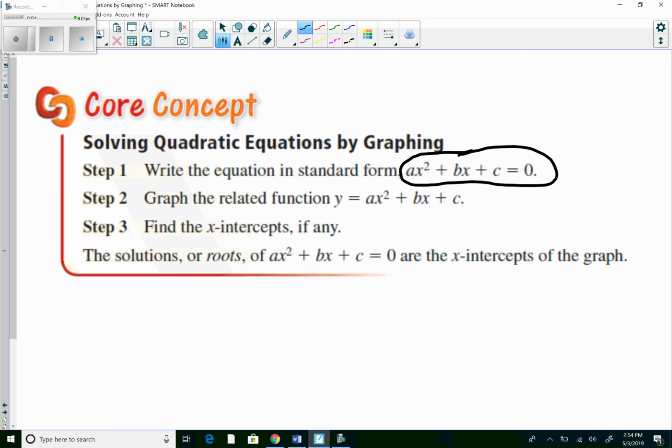Step 2 says graph the related function as y equals ax squared plus bx plus c. So we're basically just taking this and we're graphing it. I'm really honestly open if you want to factor to help you solve, or I think the general idea is that they want you to use more of a table, an XY table.